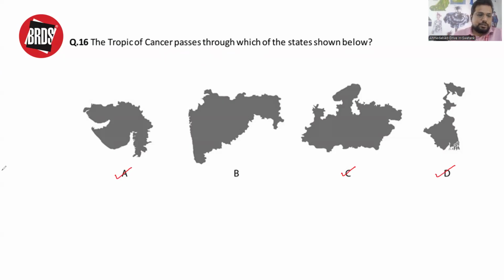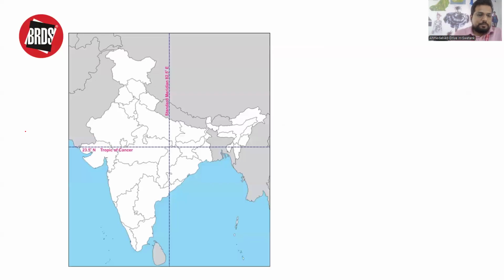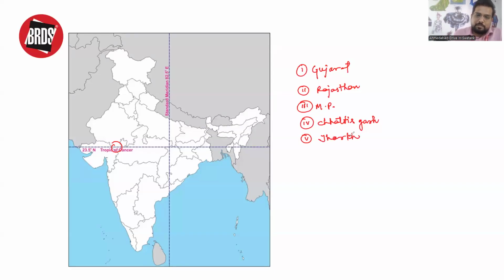If we check the same thing on this Indian map, we will find that the Tropic of Cancer is passing through Gujarat, then it is passing through Rajasthan, then through Madhya Pradesh, then over here through Chhattisgarh, then through Jharkhand, along with West Bengal.